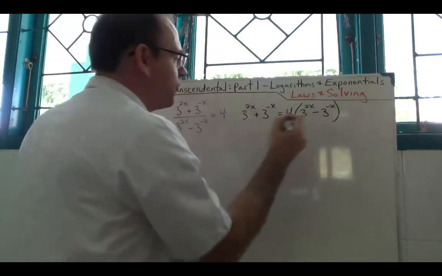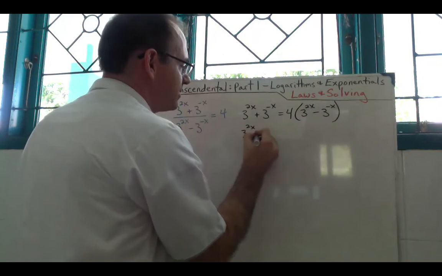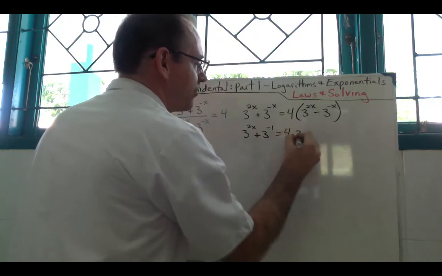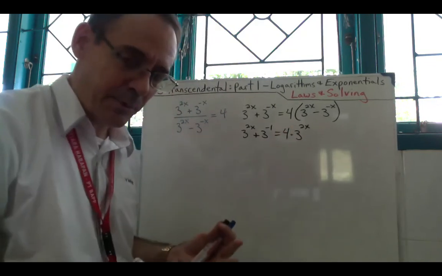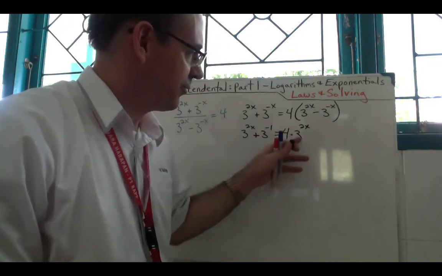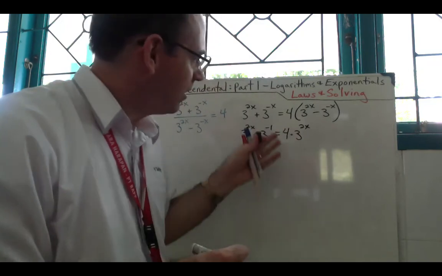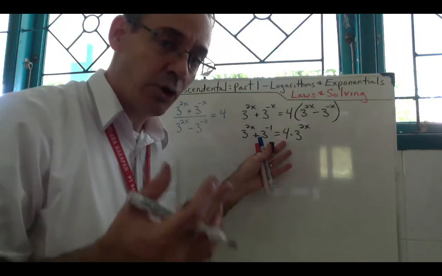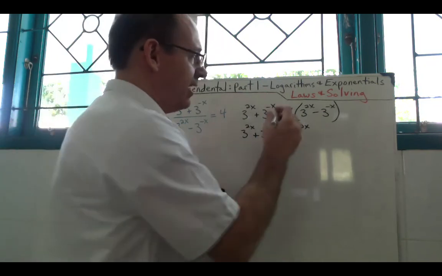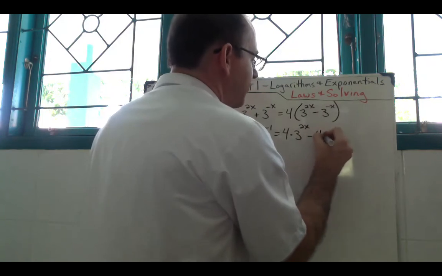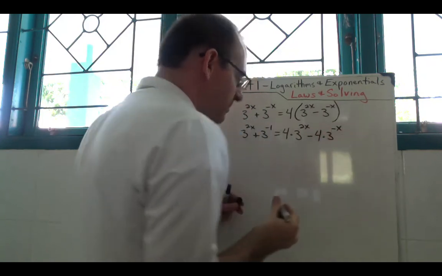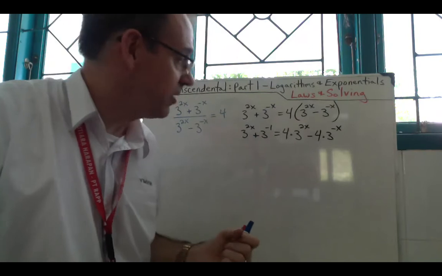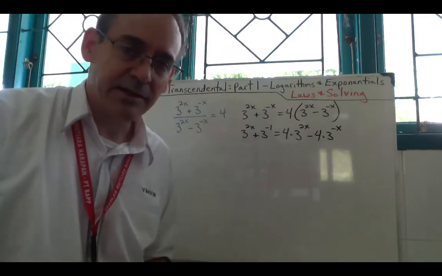And when we distribute the 4 through, we get 3 to the 2x plus 3 to the negative x equals 4 times 3 to the 2x. Notice the 4 does not get multiplied by the 3. Your 3 to the 2x is your exponential, so that multiplication has to stay on the outside. Now the 4 is functioning as the coefficient to the exponential. And then when we multiply over here, we get minus 4 times 3 to the negative x. Again, the 4 does not multiply the 3. The 3 is part of an exponential, and the 4 just becomes the coefficient.